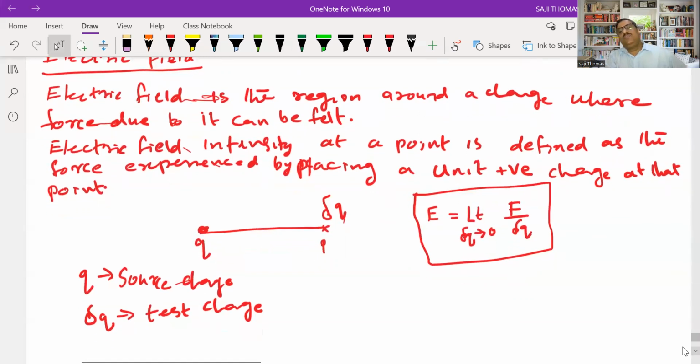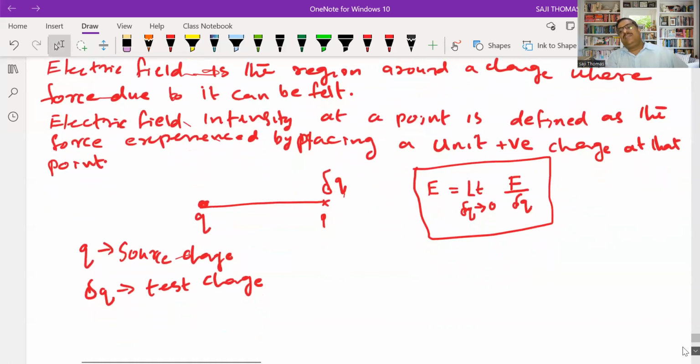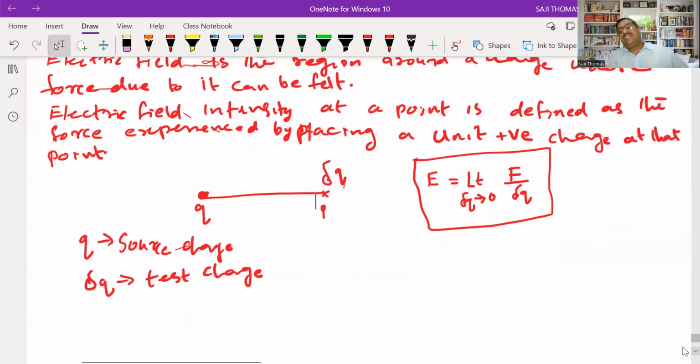So it can be asked as a short answer. In determining the electric field, why must the test charge be vanishingly small? What is the reason for it? If the test charge is large, it will have its own field that will interact with the source field.